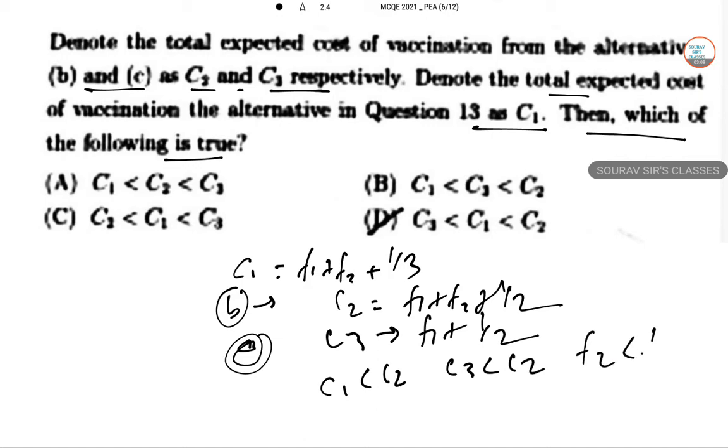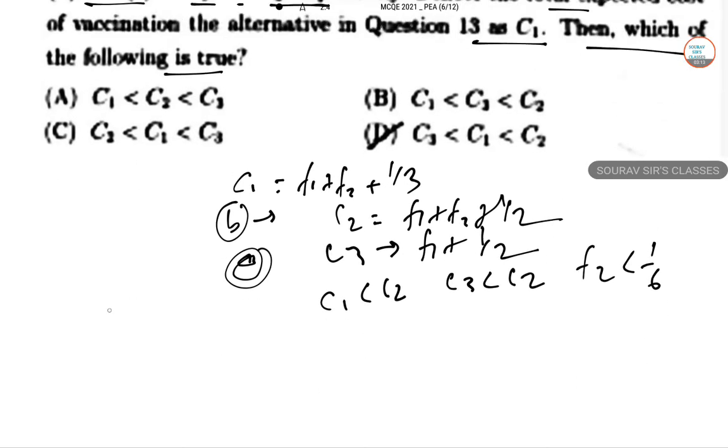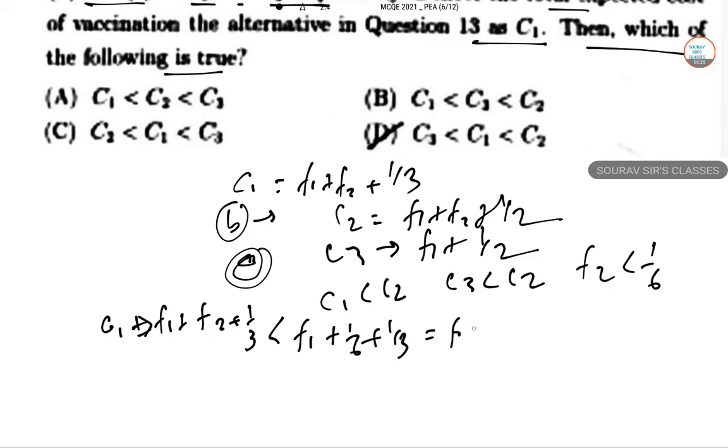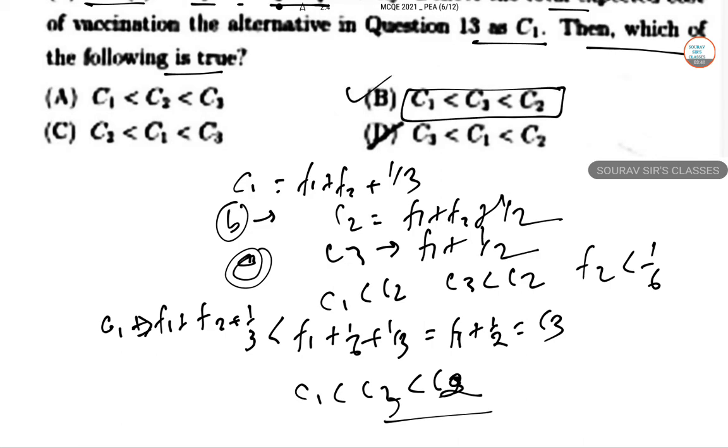Given that F2 is less than 1 by 6, we can write C1 equals F1 plus F2 plus 1 by 3, which is less than F1 plus 1 by 6 plus 1 by 3, and that equals F1 plus half, which equals C3. So obviously C1 is less than C3, which is less than C2. The answer is B.